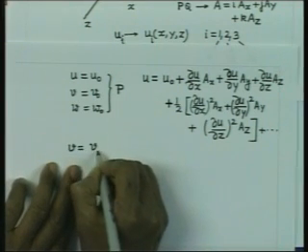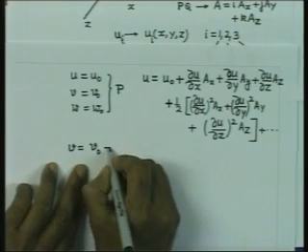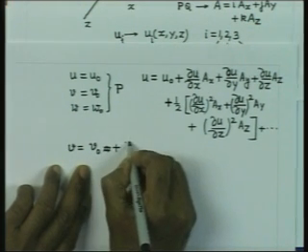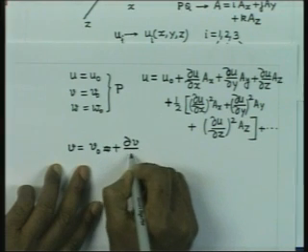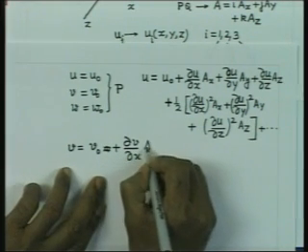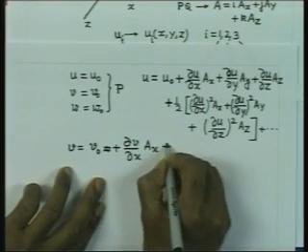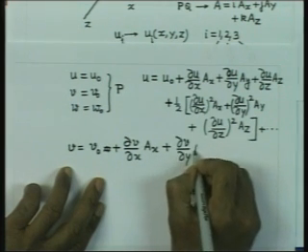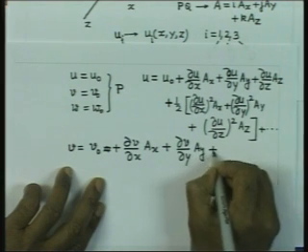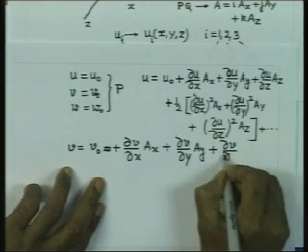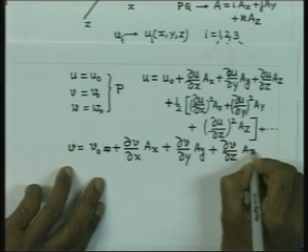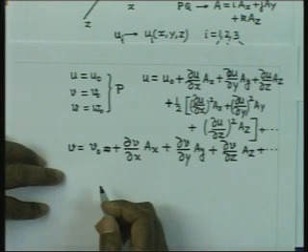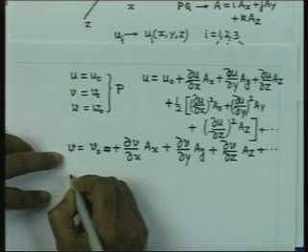So, v is nothing but v0 plus delta v delta x Ax plus delta v delta y Ay plus delta v delta z Az, plus we will have the second order terms and third order terms, and so on.